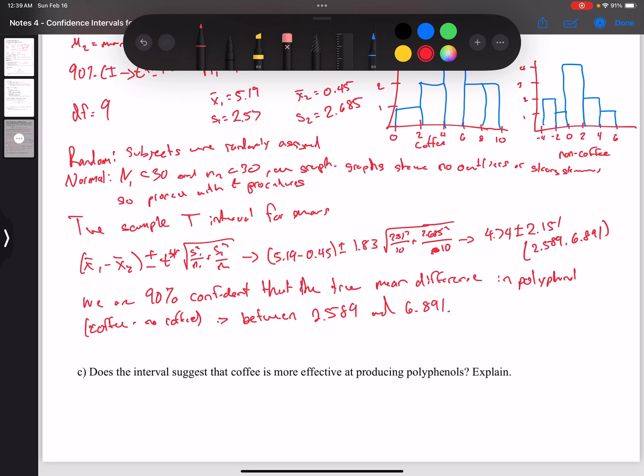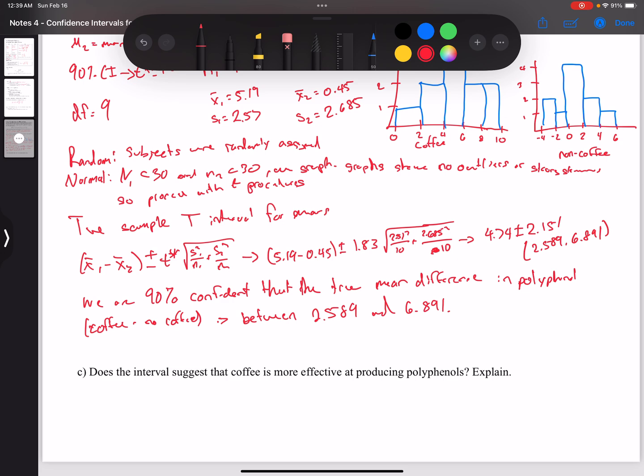Okay, so part C says, does the interval suggest that coffee is more effective at producing polyphenols? Explain. All right, so think about our interval. If the difference showed that there was no difference, then 0 would be somewhere in this interval.